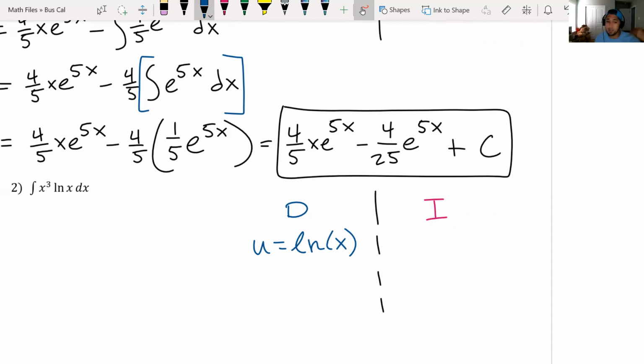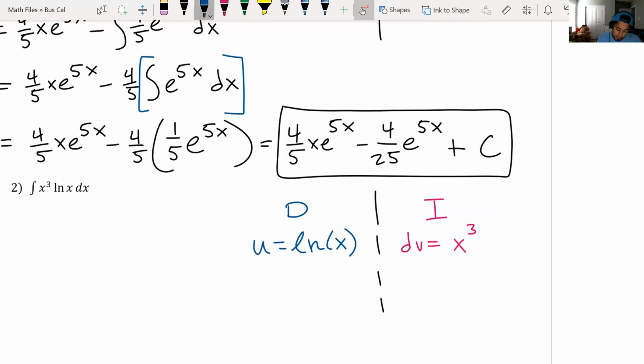Okay, so just listen to me, and I'm going to tell you, choose the natural log of x for the derivative part. This means that for dv, we are going to choose x cubed.